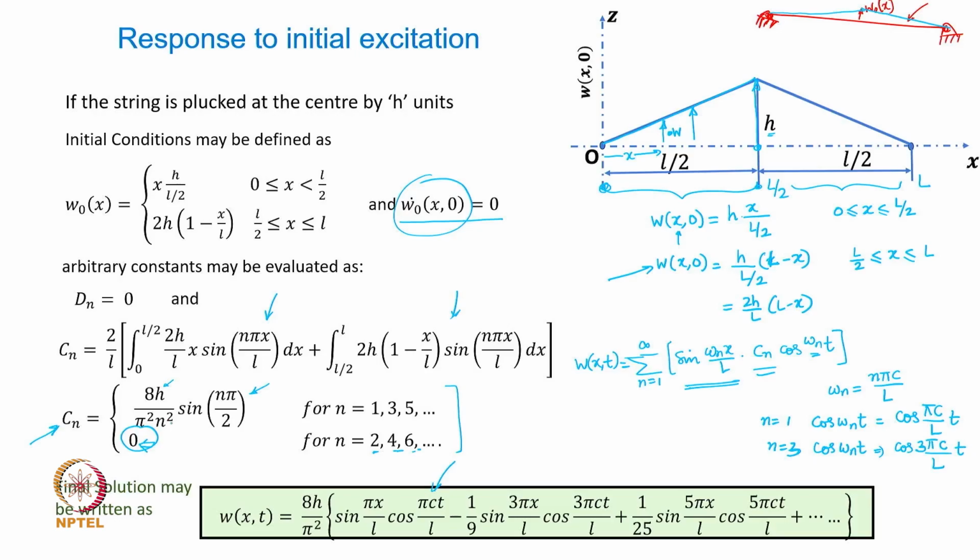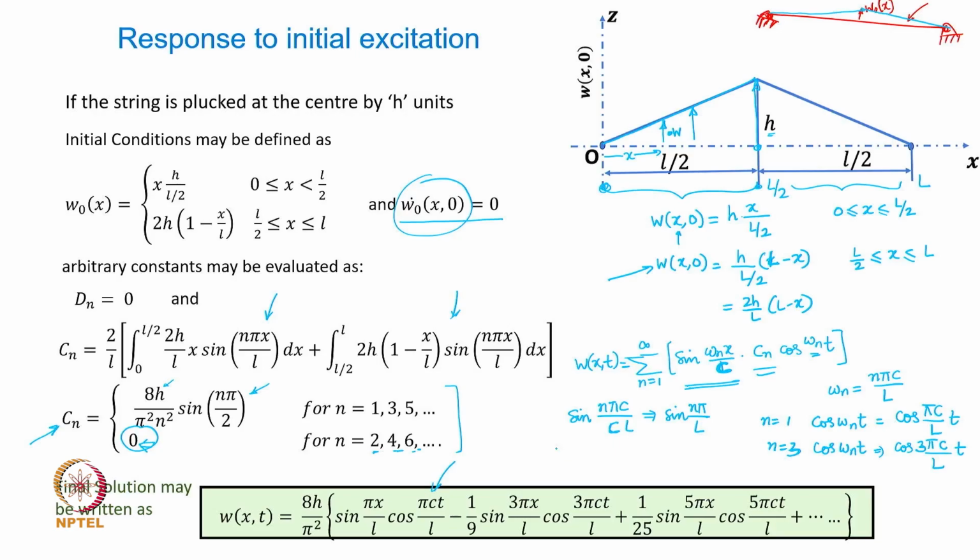Now this is cos omega n t, and then sine omega n x by L. Omega n is again n pi c over L, and omega by c into x, so n pi c by L will mean this, and so basically the mode shape is going to be sine n pi x by L, right?